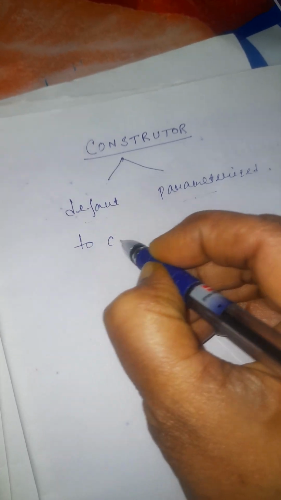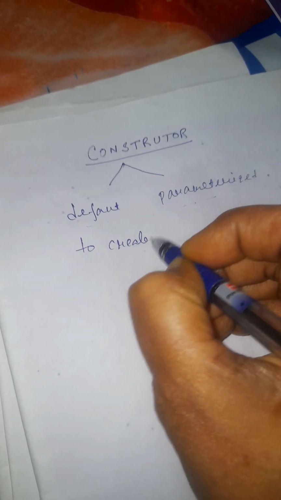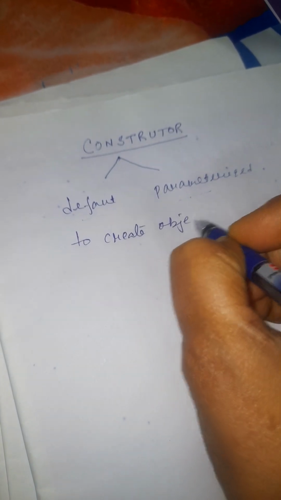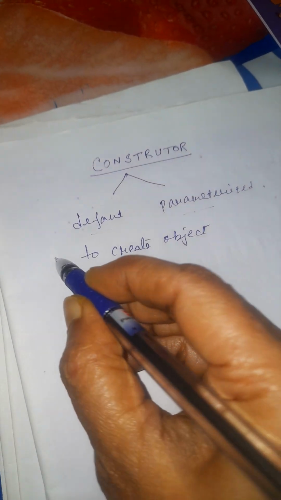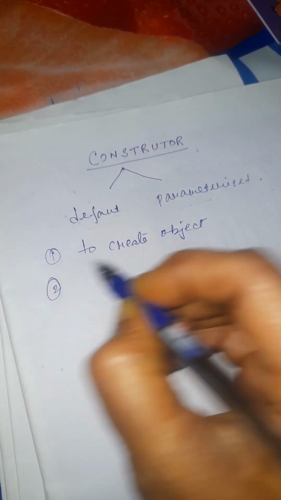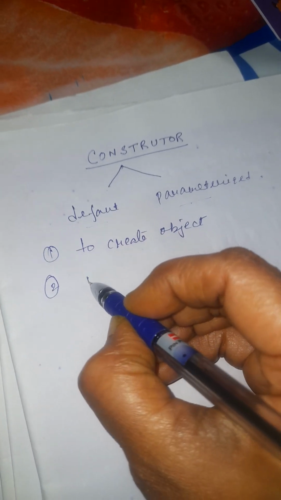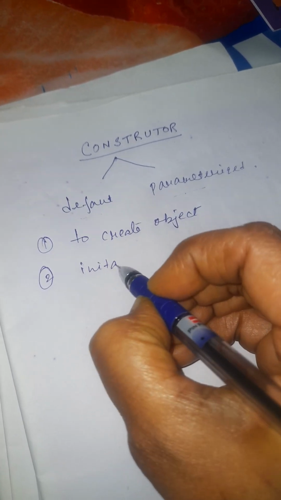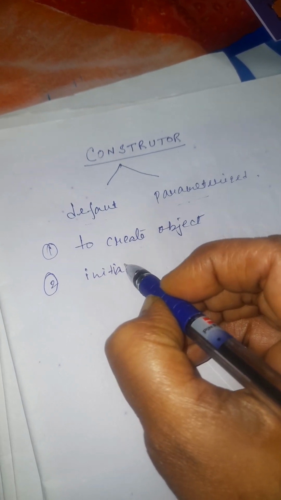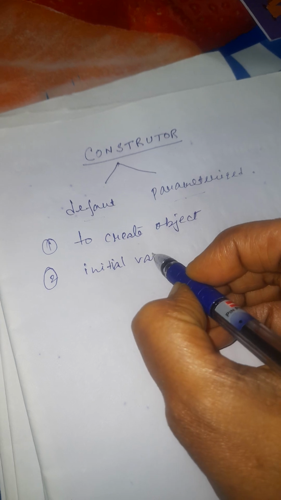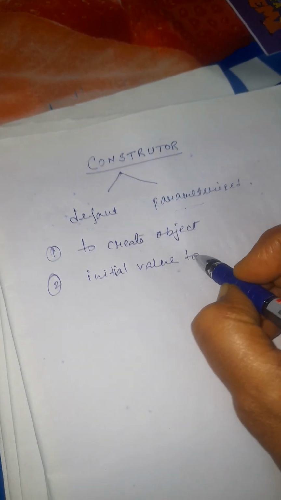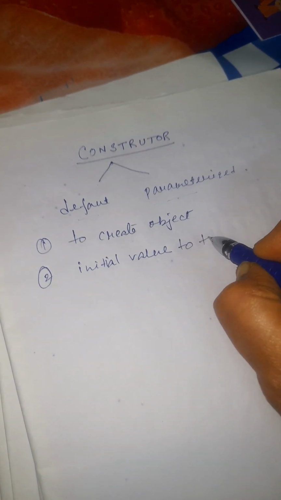First point is used to create object of the class. Clear? And second point is constructor is also used to initialize value to the attributes of the object.